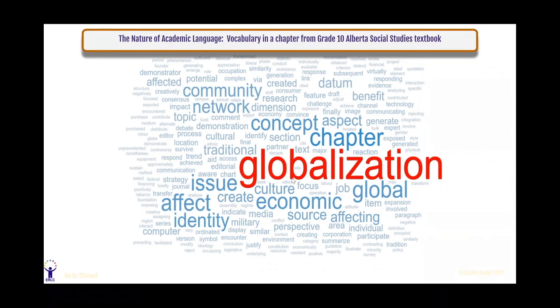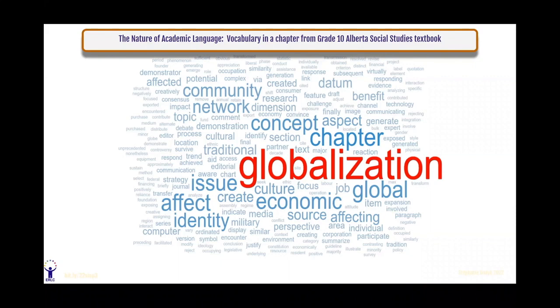But what we can notice here is what we want to do as teachers. Looking at the word global: if students know what a globe is and know that it's the world, then global is just an adjective of globe. And then globalization is that abstract concept of moving things around the world.